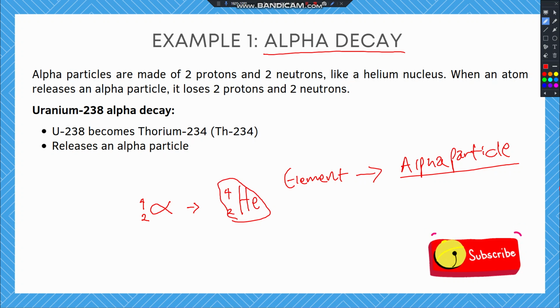What that means is that it will lose a value of 4 from its mass number, and it will lose a value of 2 from its atomic number. So let's solve an example and see how that happens.